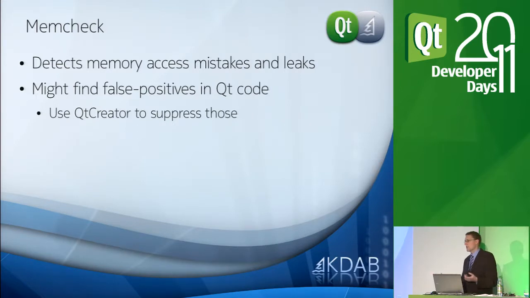Out of bounds access of an array, anything like that. Very hard to debug with a conventional debugger because the actual effect of that error shows up far later than the actual cause. And Valgrind points you right to the source of the problem, the line where you didn't allocate enough memory for the access or something like that.